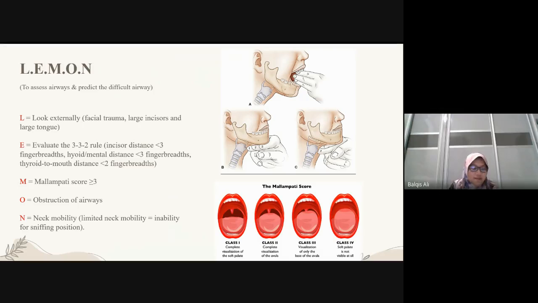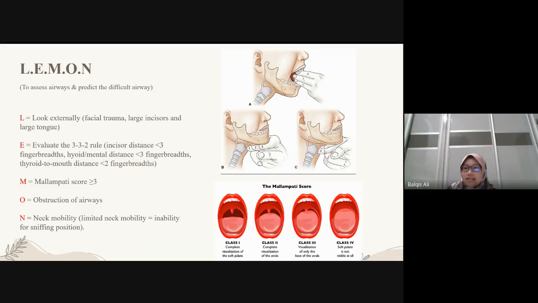If there is less than three fingers, there may be less space for the tongue to displace in when we intubate. Okay, then two fingers between the hyoid and also thyroid cartilage for us to identify either we can use direct laryngoscopy or not.